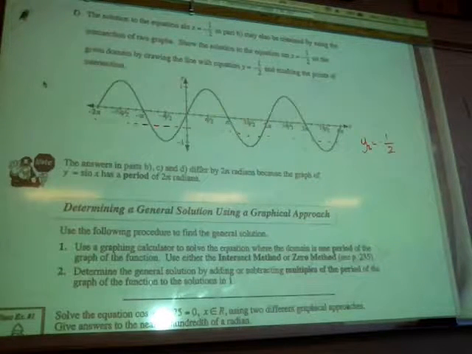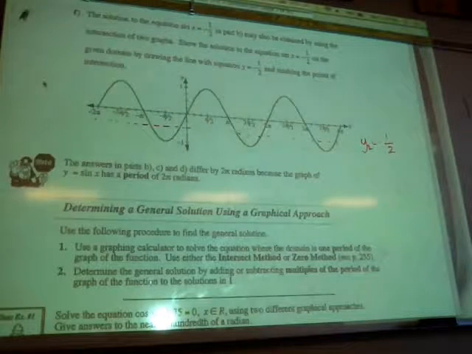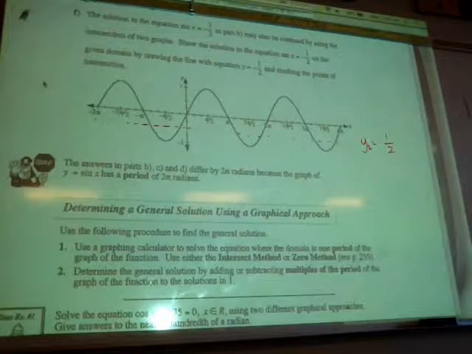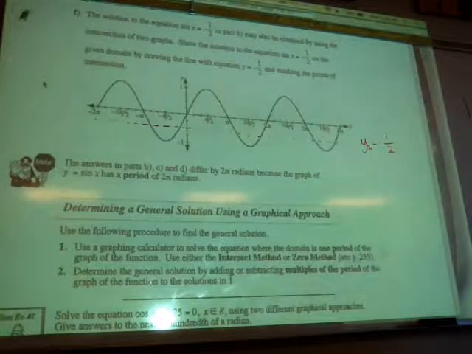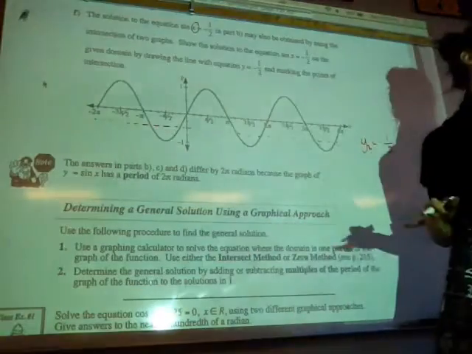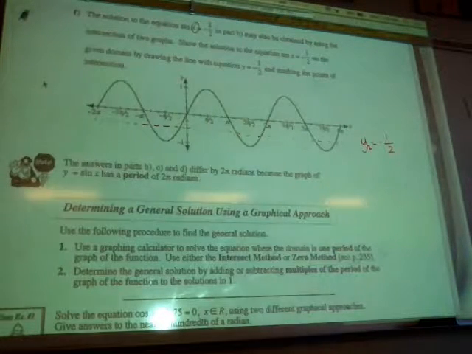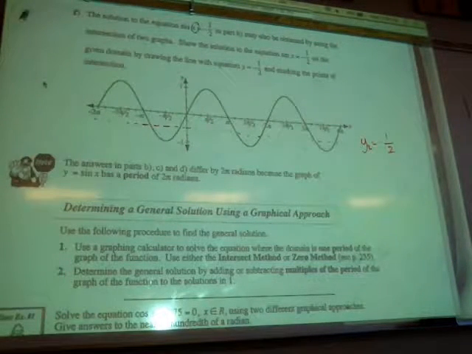So now that we have our two graphs up there, if you were thinking about the intersection method, what would be your solutions? You have two graphs. You're looking for what values of x would satisfy this equation. The first method, we use the x-intercept method, and we're finding x-intercepts.